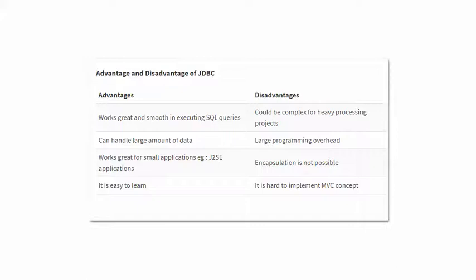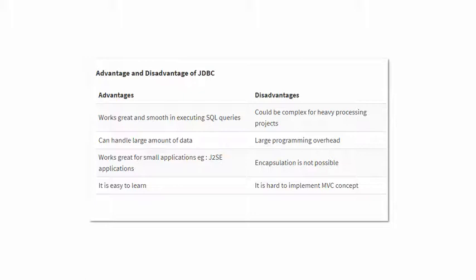JDBC doesn't support encapsulation, because JDBC is something where you submit data to a table and retrieve data from a table, but encapsulation is something like creating setters and getters, with which we retrieve the data using object references. So it's not possible with JDBC, right? Of course, JDBC is easy to learn, but it is hard to implement the MVC concept.